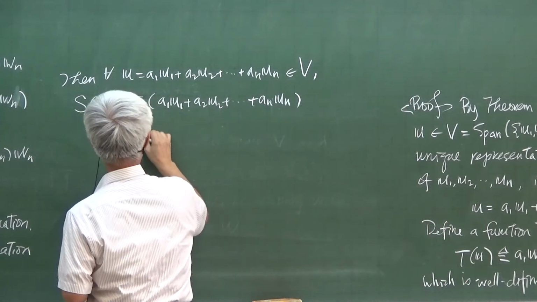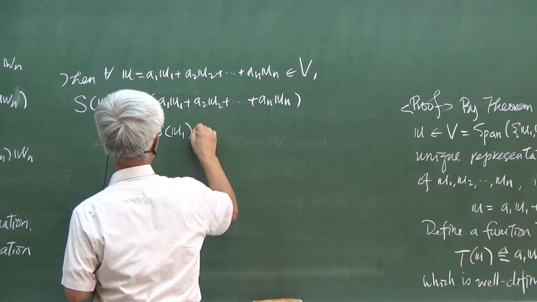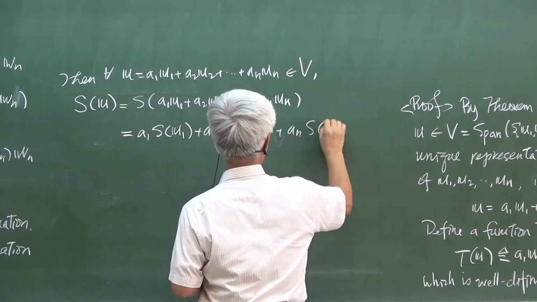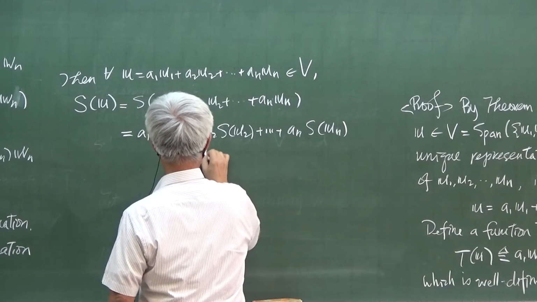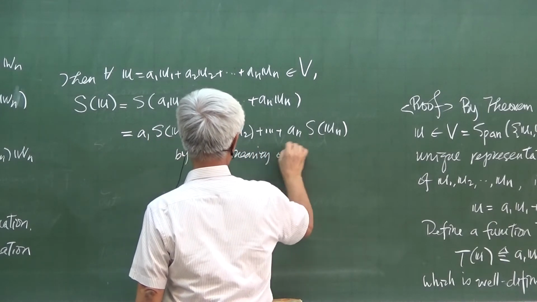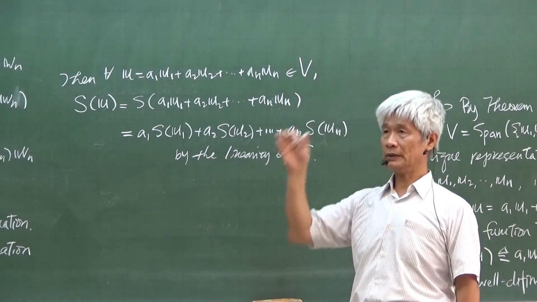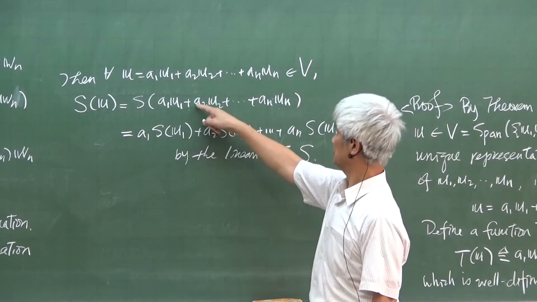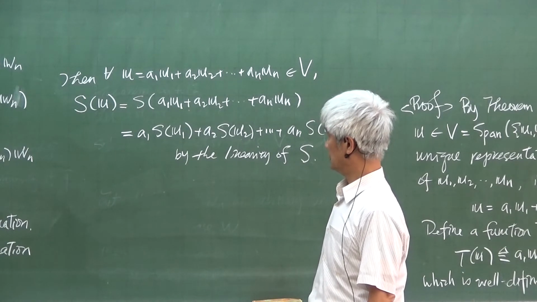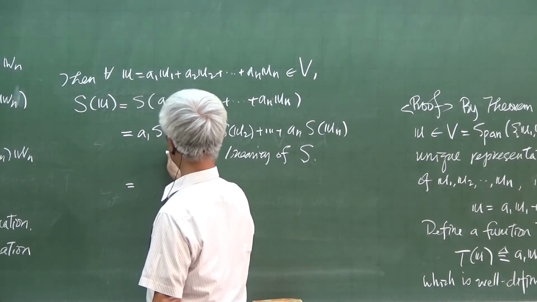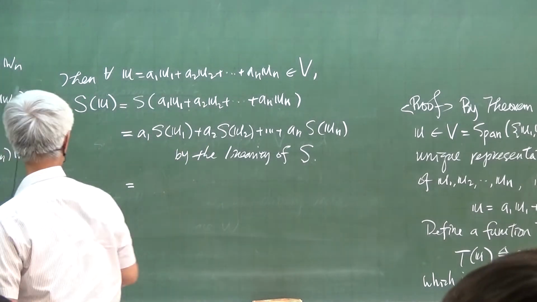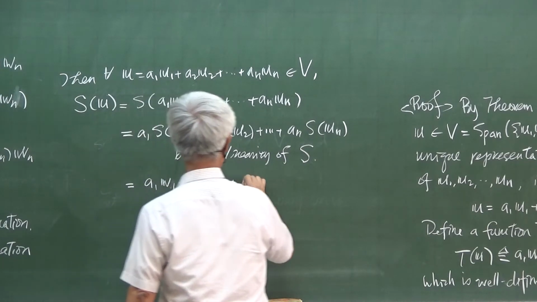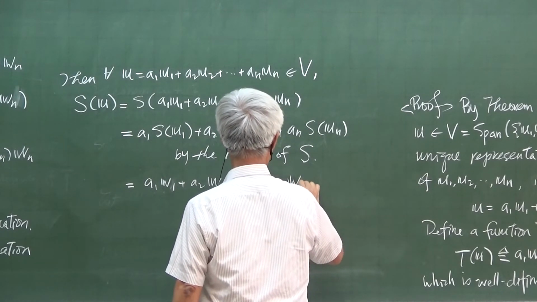And by linearity of S, from our remarks at the beginning of the class, we have this one, and because S ui equal to wi, it's a1 w1 plus a2 w2 plus and so on.